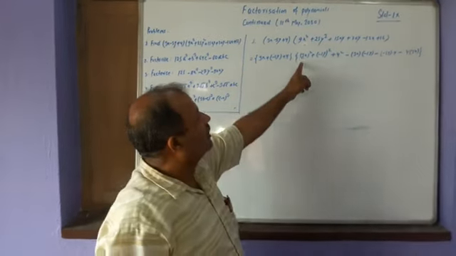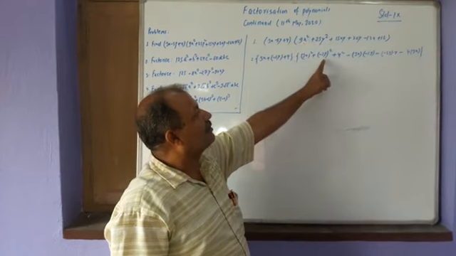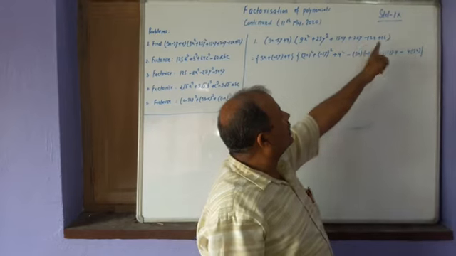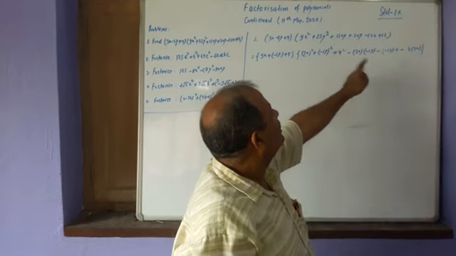Here, square of 3x is 9x square, square of minus 5y is 25y square, square of 4 is 16.